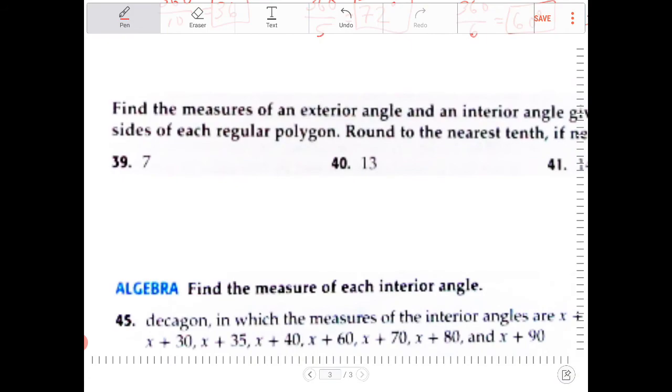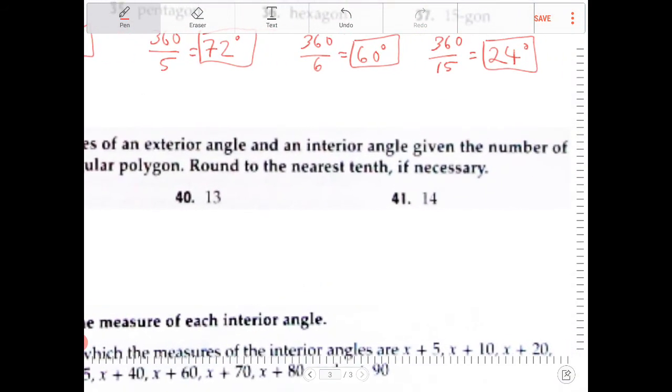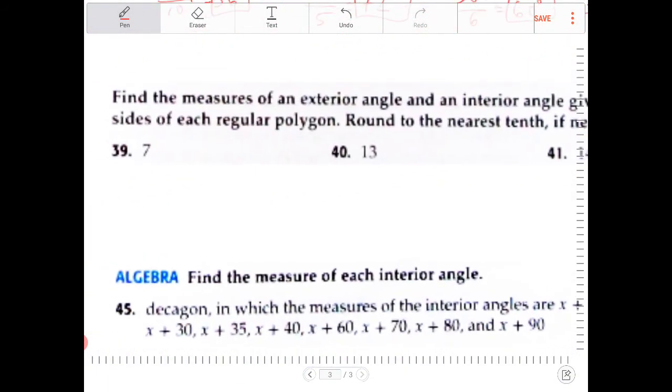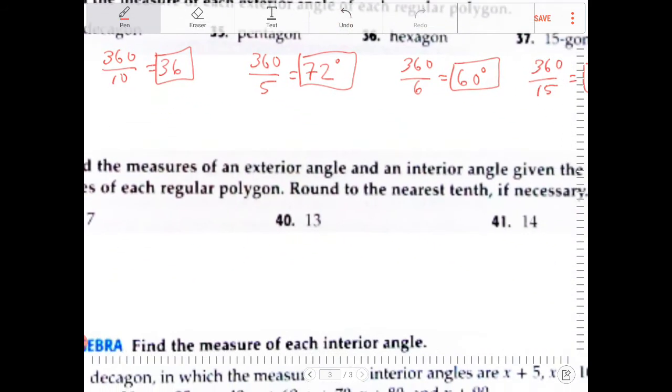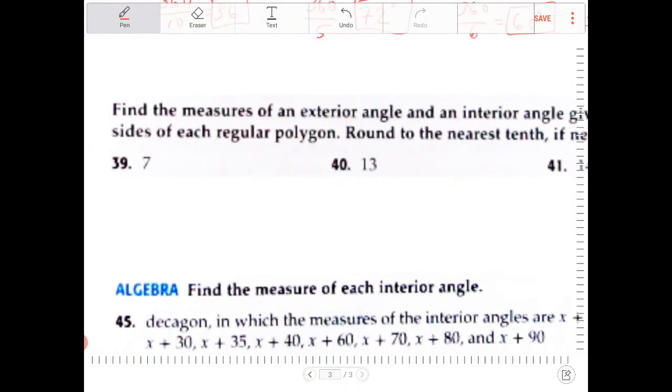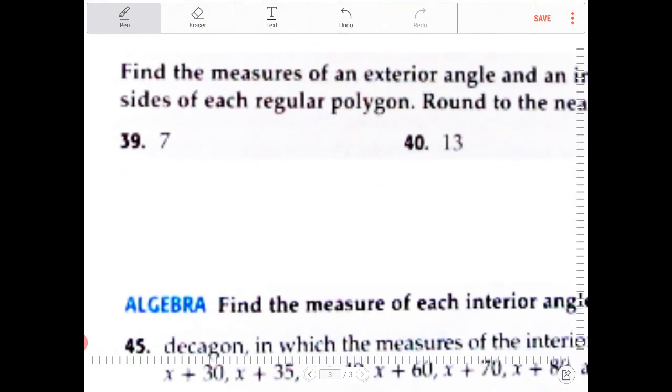Find a measure of an exterior angle and an interior angle given the number of sides of each regular polygon. Round to the nearest tenth if necessary. Okay, so there are 7 sides, so I take 360 divided by 7. This will give me the measure of one exterior angle, and then the interior angle will be 180 minus 360 over 7.